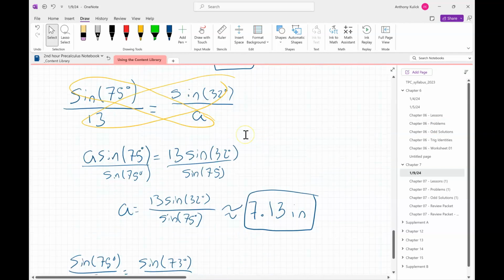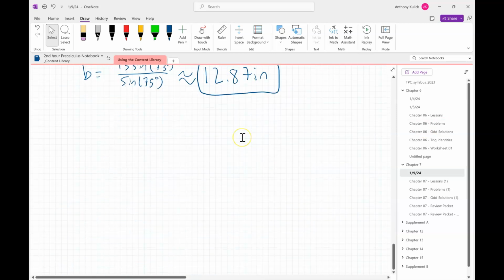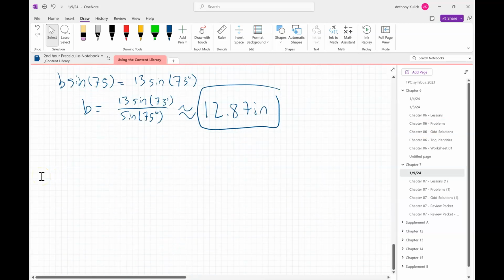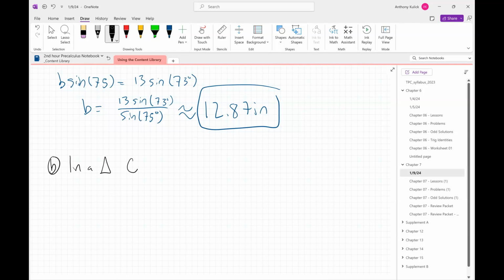All right, let's do another example here. So let's say new example.